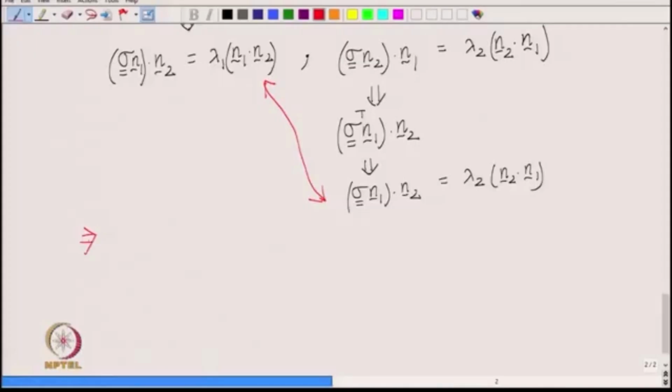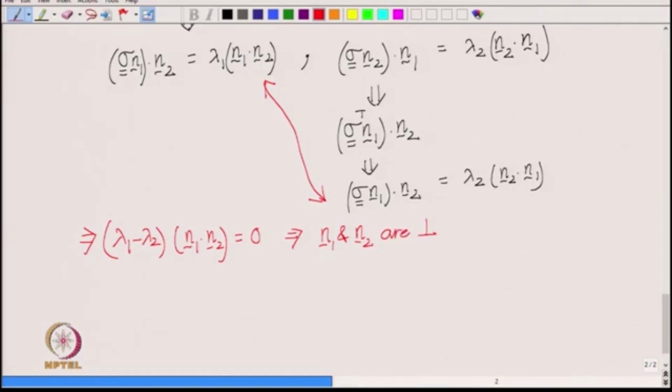So, this means lambda 1 minus lambda 2 into n1 dot n2 is equal to 0. That means n1 dot n2 is 0 because lambda 1 and lambda 2 are different. So, this further implies that n1 and n2 are perpendicular.